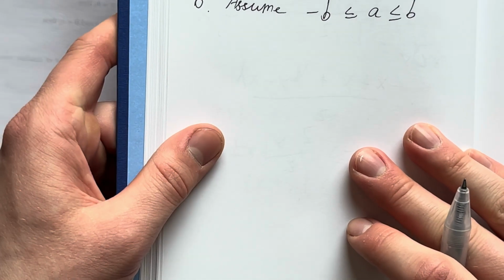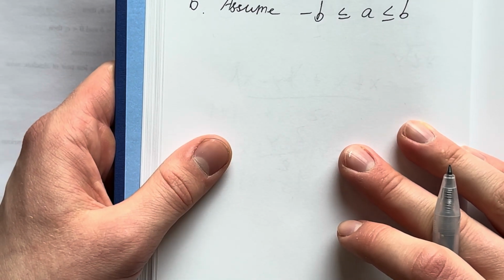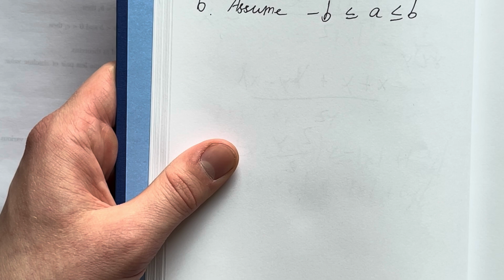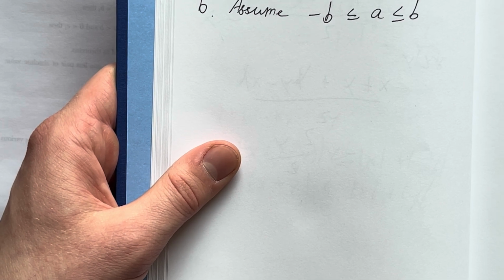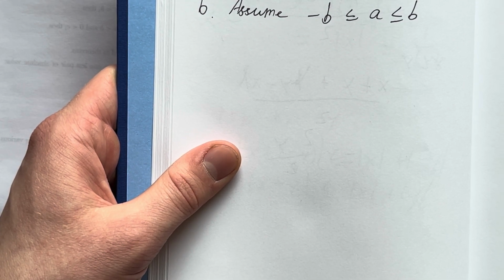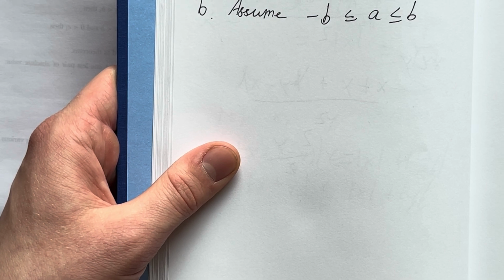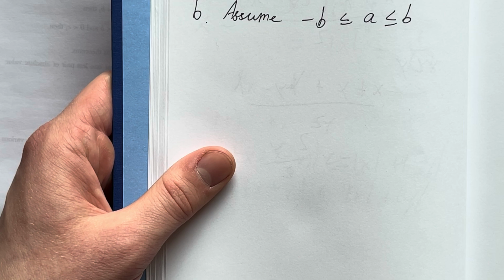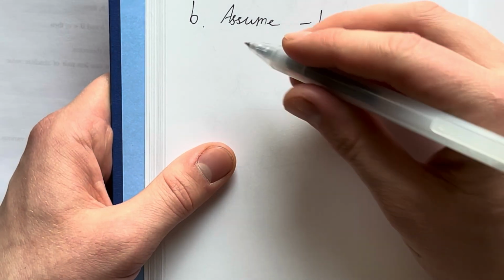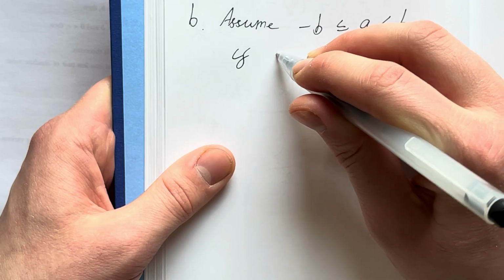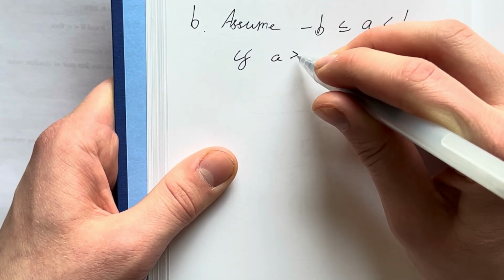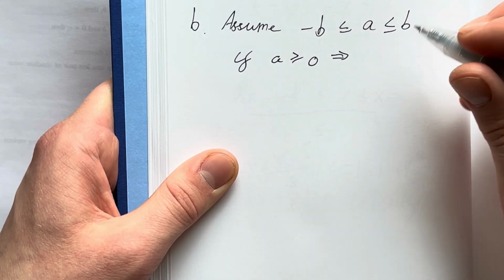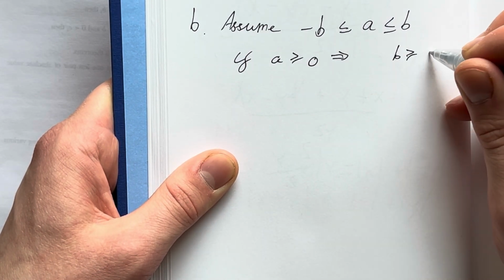So, how do we approach this? Well, maybe I can have cases. If a is greater than or equal to 0, then also b is greater than or equal to 0.